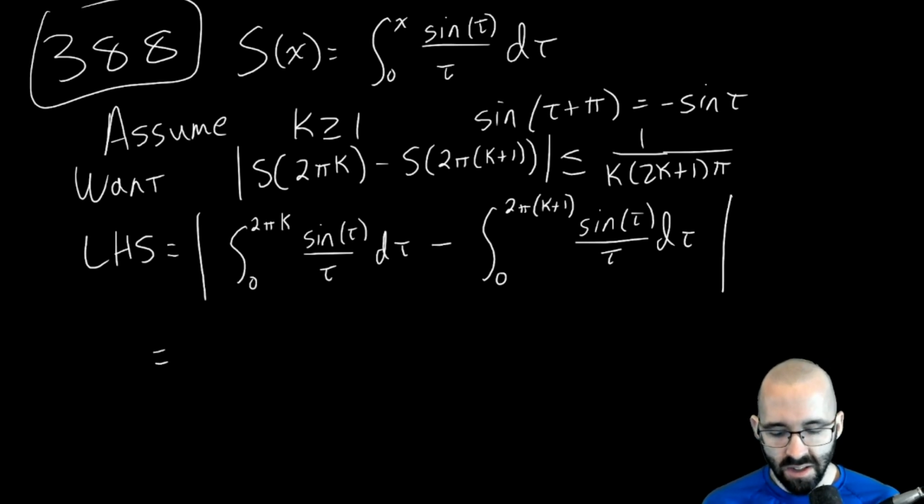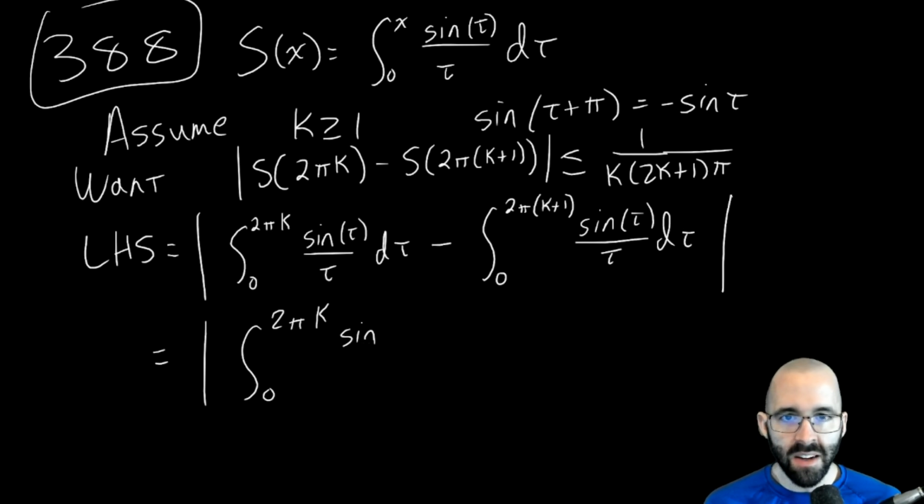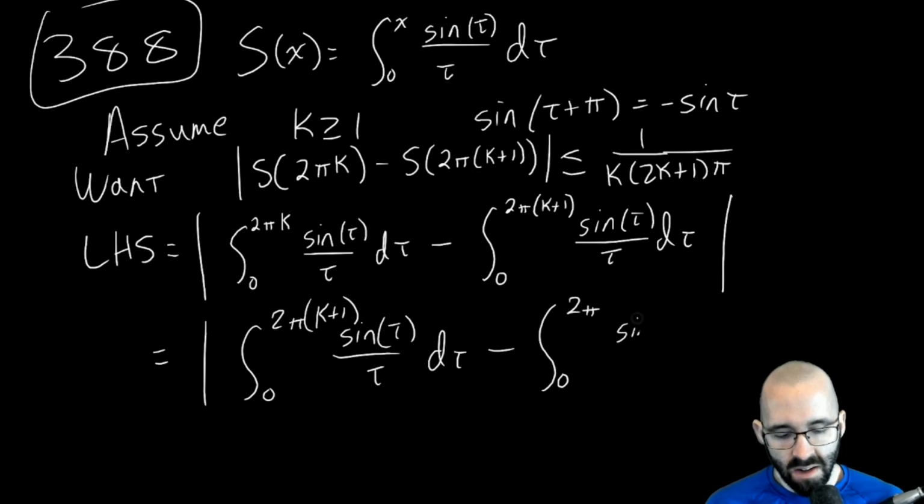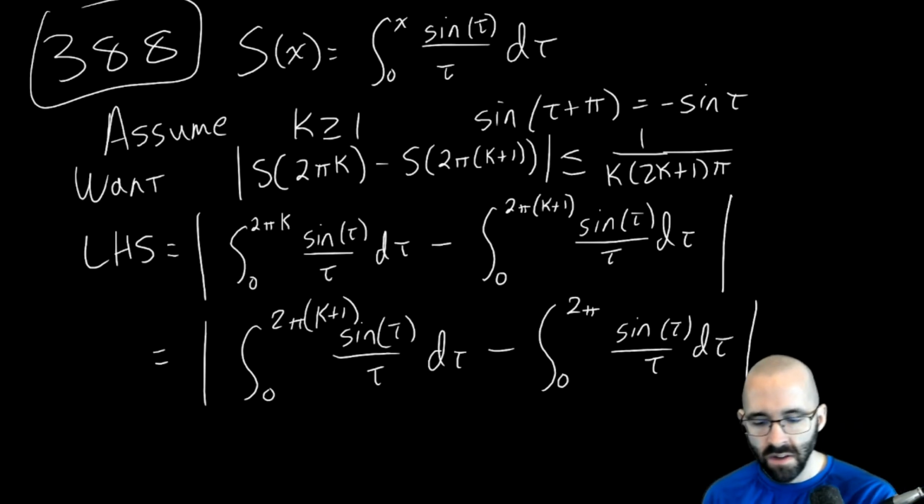Let's just copy it down real quick. We can switch the order of these because there's an absolute value. A minus B is the same as B minus A, except maybe it'll have a negative, and if you have an absolute value, that negative doesn't matter. So if we write it like this, just switching the k and the k plus 1, it's still true because of this absolute value.